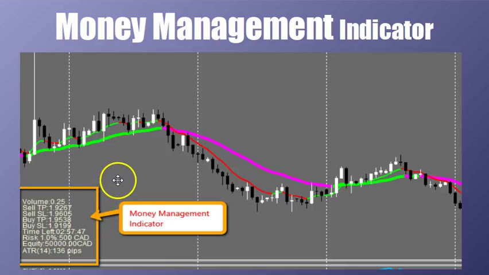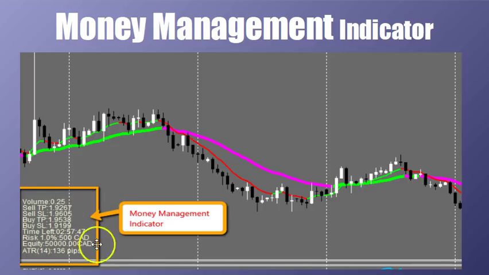You don't have to go to a lot size calculator or position size calculator. By the way, the best one you can find on the babypips.com website. Just Google babypips.com position size calculator or lot size calculator, and there's a terrific one that will tell you, based on your account balance and your risk factor, what you're allowed to trade.